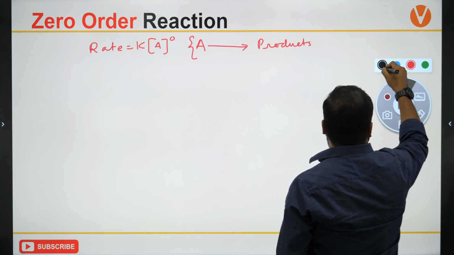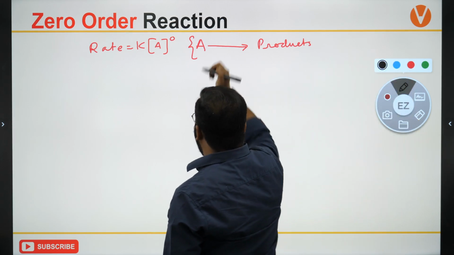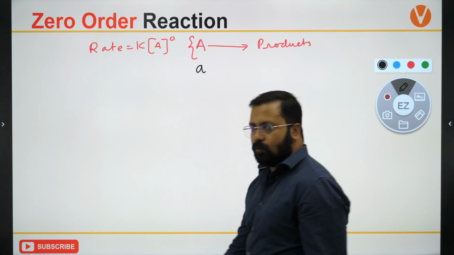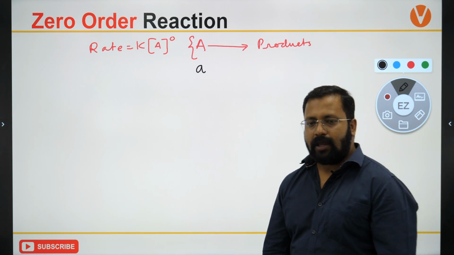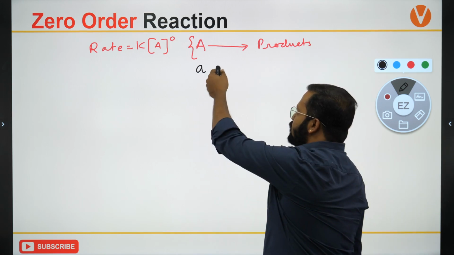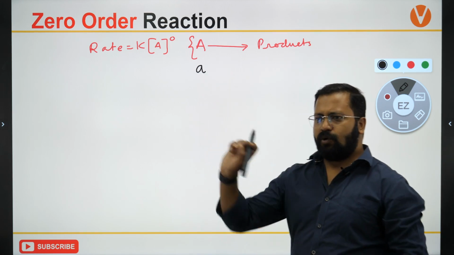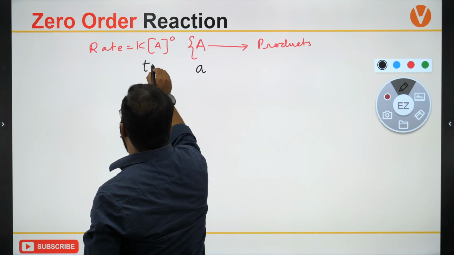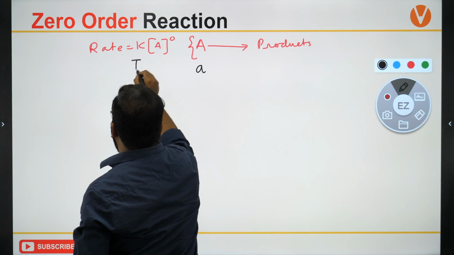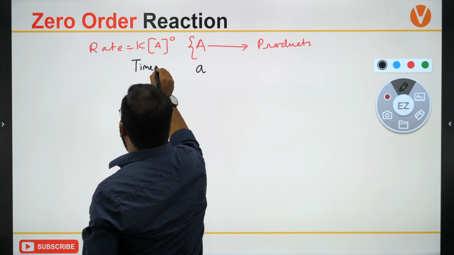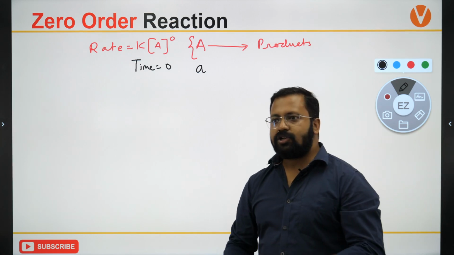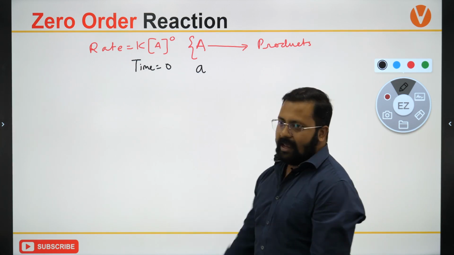Now, moving ahead, can we say that initially the concentration was a? Small a is the initial concentration. So let's say this is written at t equals 0. Time 0 means initially, when I start the reaction, it is a.